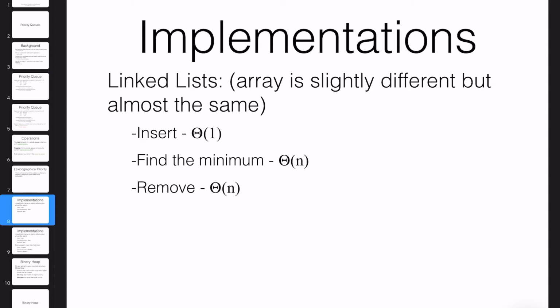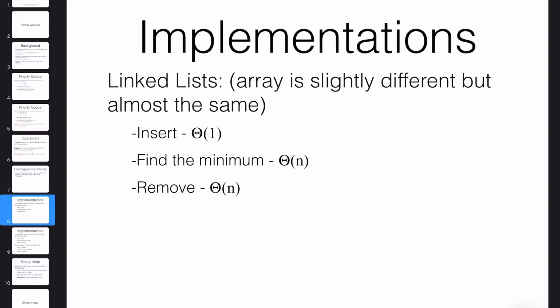The first option that might come to mind is, okay, how about using a linked list or an array? Just like a regular queue, which we could implement using either a linked list or arrays. There's not much difference between these two.